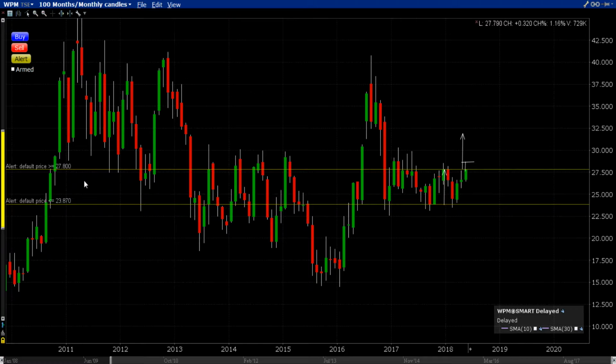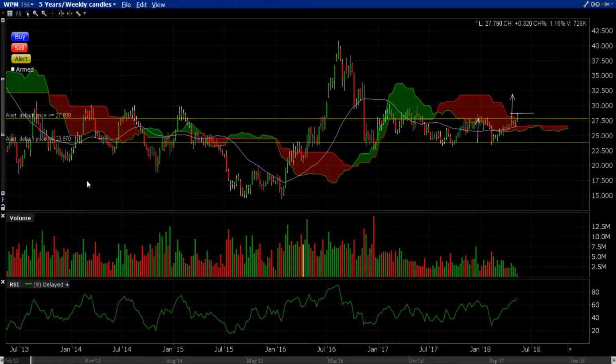Let's scoot over to the weekly. And what do we have here? Again, I always like pointing this out. See this line, this 27.79, that's our monthly defined resistance. And right here at 23.87, our monthly defined support. See all these points, made a big X. Anything under, that's noise.